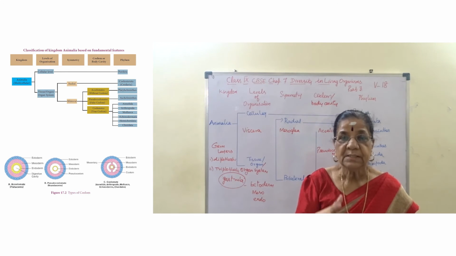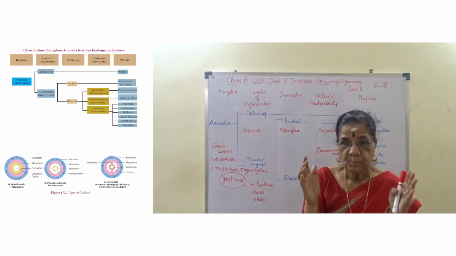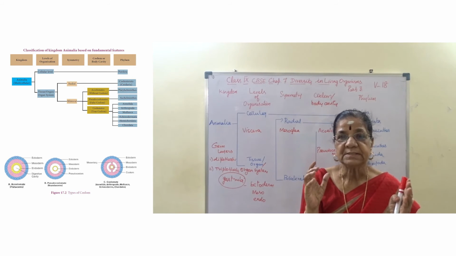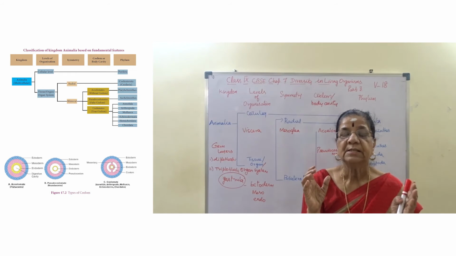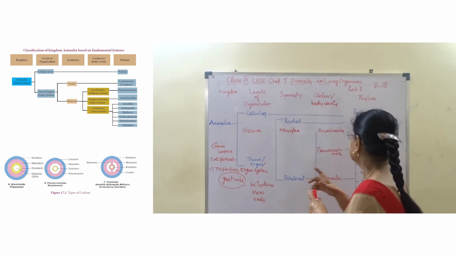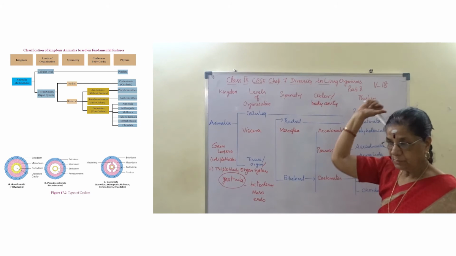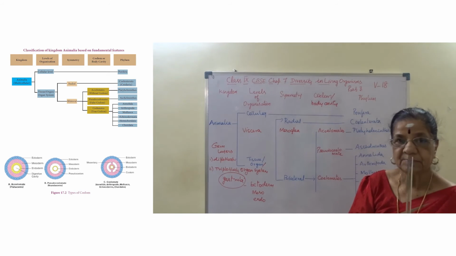Is it not? So the space between the body wall and the internal organ is not empty. This is filled with some tissues. That body cavity is called coelom. So the body cavity, otherwise, is known as coelom.